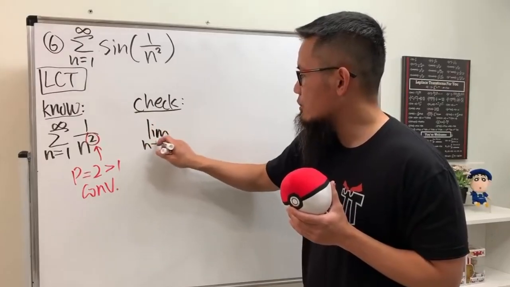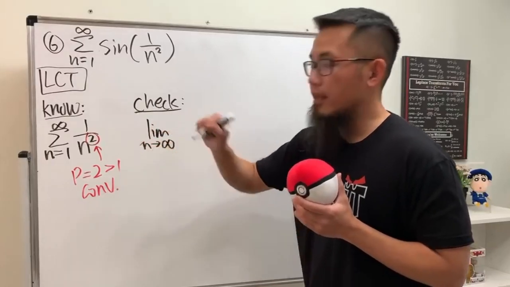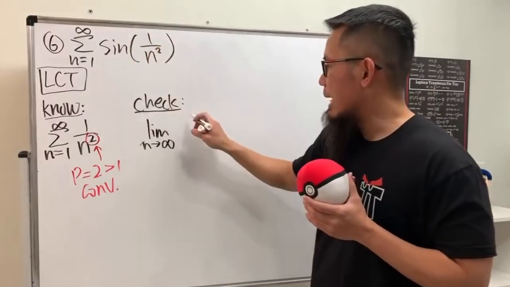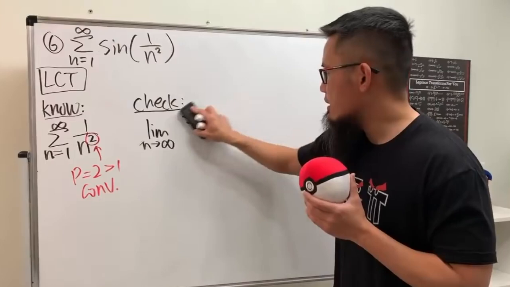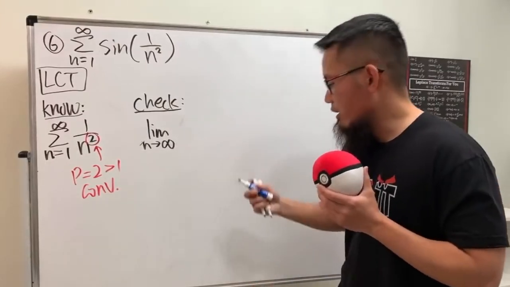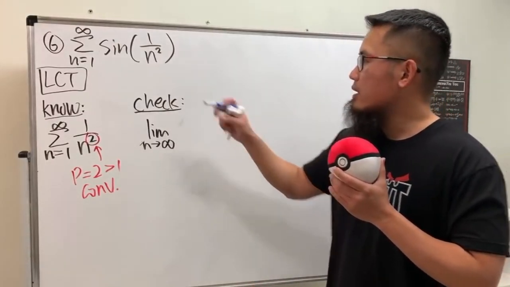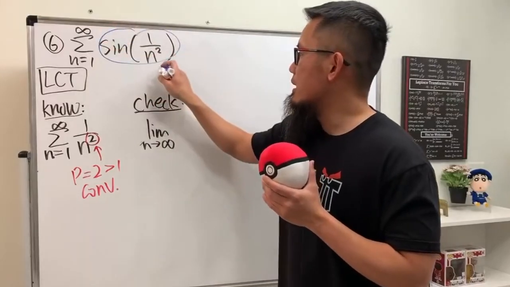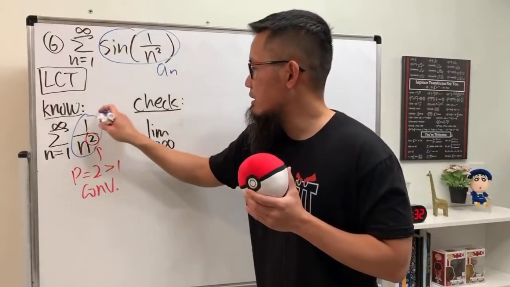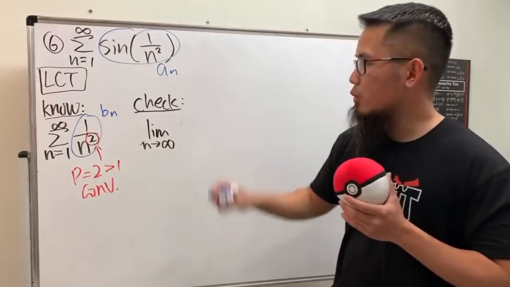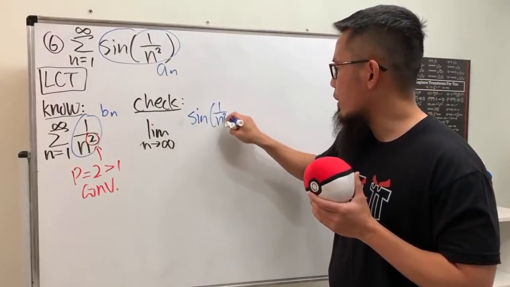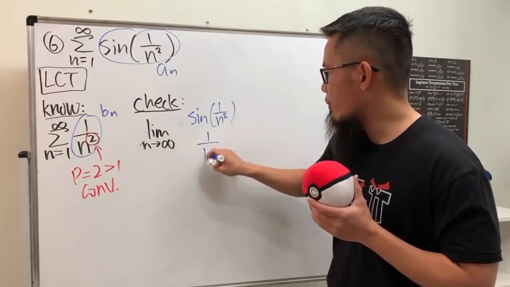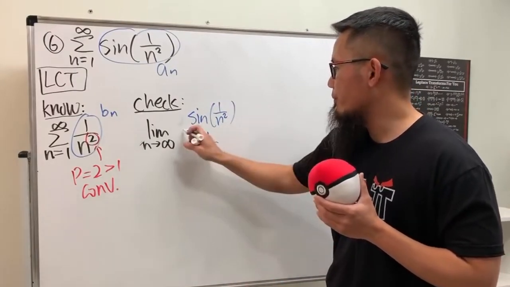As n goes to infinity, put down this on the top, which is sine of 1 over n squared. And let me just do it like how I did it earlier. Remember, this thing is the an, and this thing here is the bn. So we put on an over bn. Sine of 1 over n squared over 1 over n squared, like so.